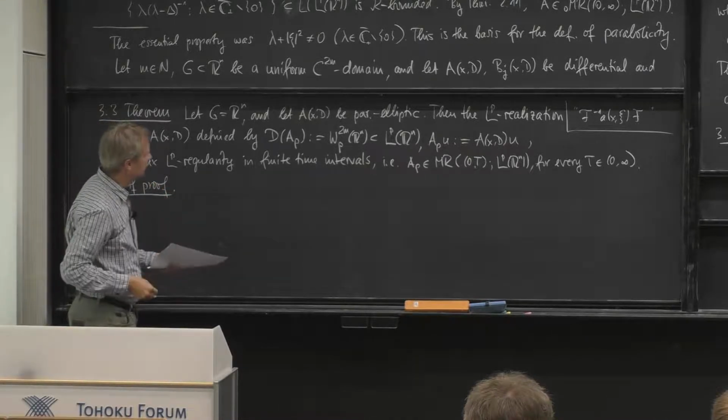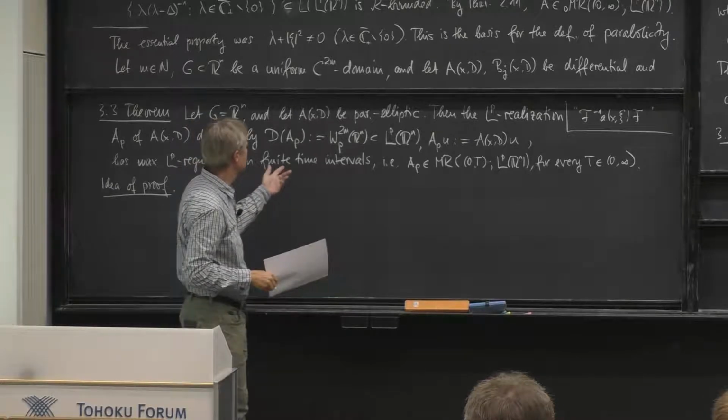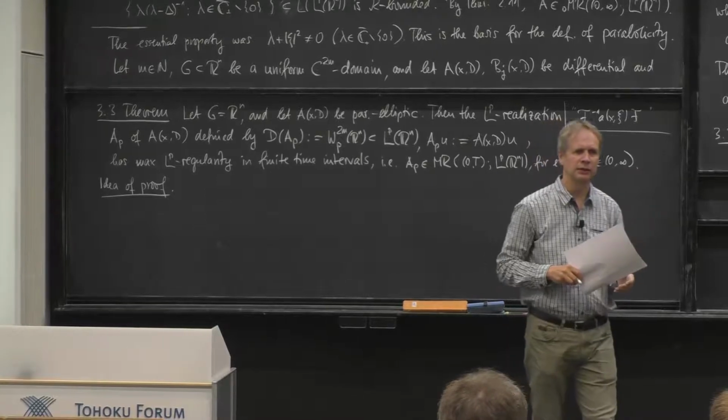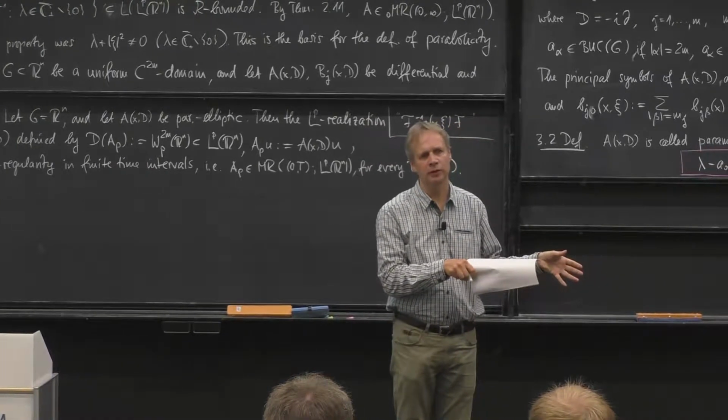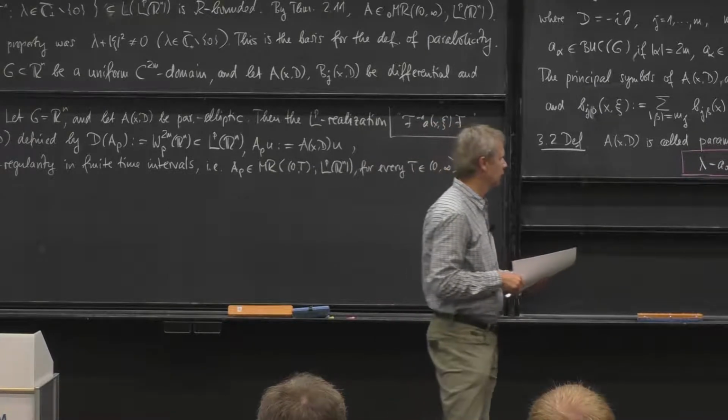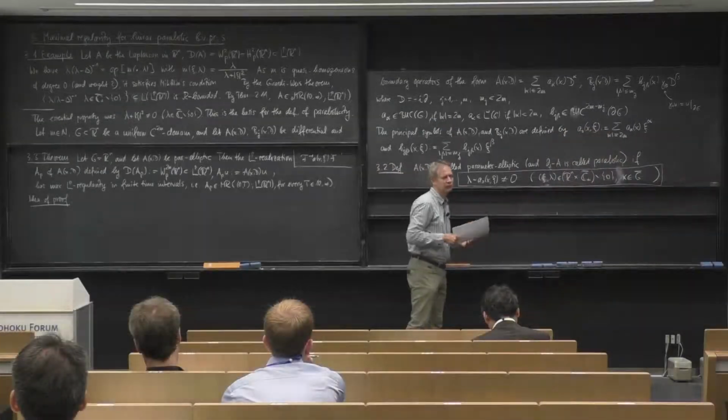So we have two points. First of all, we have taken only the principal part. So there are some lower order terms, and I did not care about them in the definition. And in fact, they are not important because lower order terms are treated by perturbations.